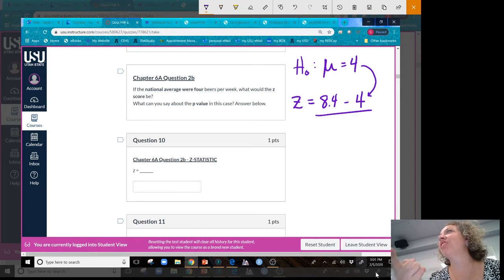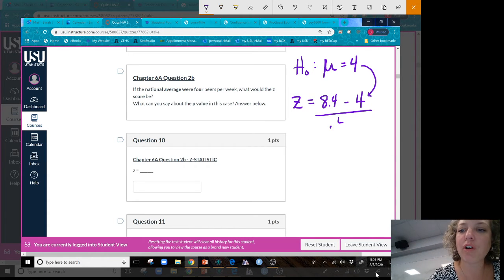Where does the standard error come from? Sample standard deviation divided by the square root of sample size. Did any of that change? No. So that's the same, 0.4667. So you get a different z-score.